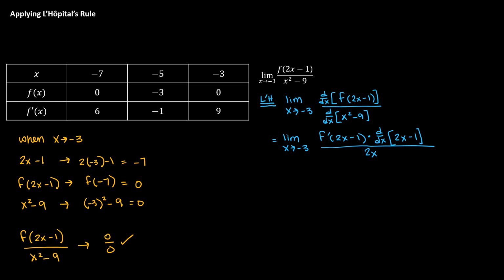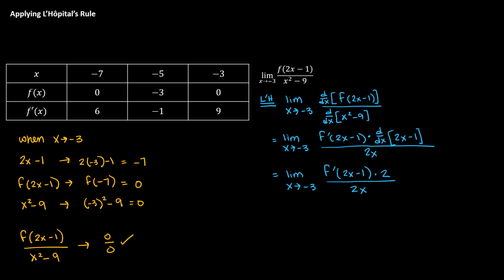Since we don't know what f is, we don't know the definition of f, we do know that we're going to have the derivative of f, so f prime, with 2x minus 1 still plugged in, and we need to multiply that by the derivative of that inner function from the composition. So we need to differentiate 2x minus 1 and multiply it to the f prime at 2x minus 1.